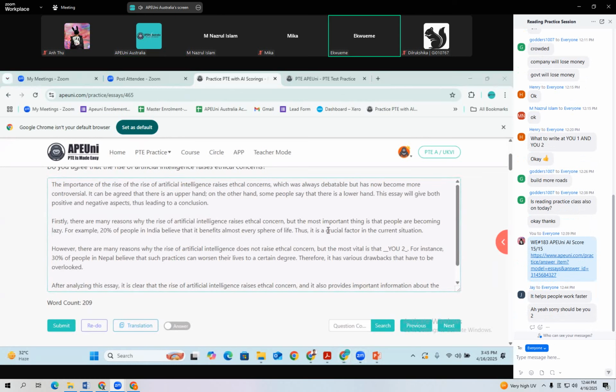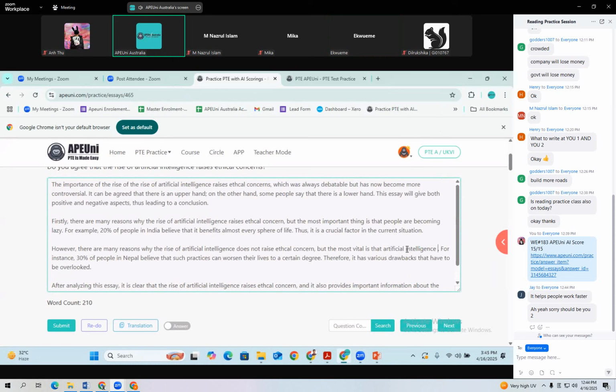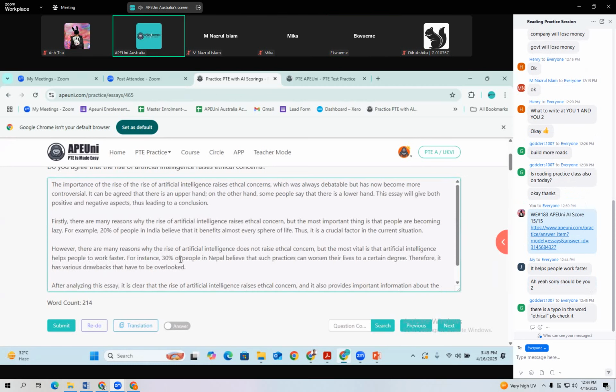So I am using Jai's idea that it helps people to work faster. So I will write artificial intelligence helps people to work faster.